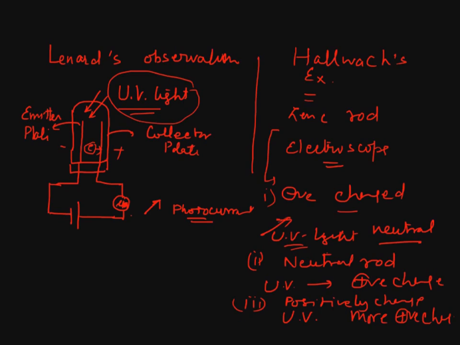When it was already having a deficiency of electrons, that means it was a positively charged rod, and then again UV light was made to strike incident on it, then again electrons were lost from the zinc rod.